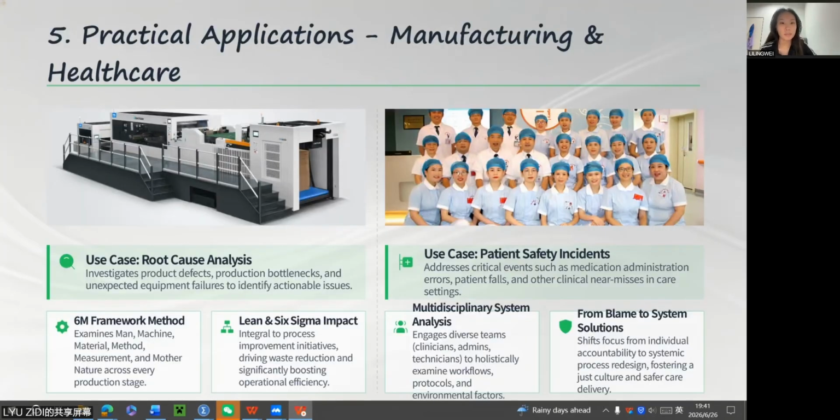So for the applications, manufacturing and healthcare. The fishbone diagram is widely used in manufacturing and healthcare.